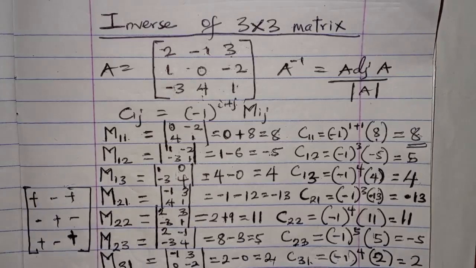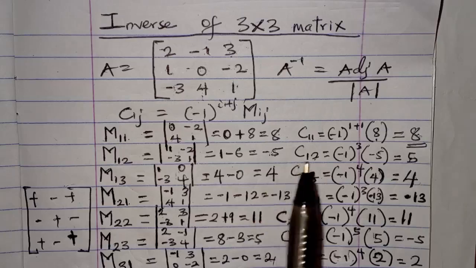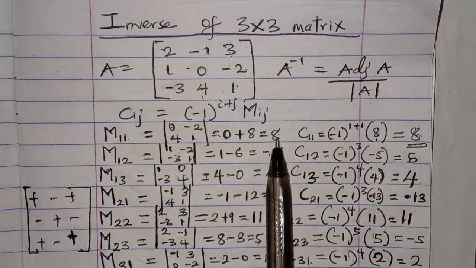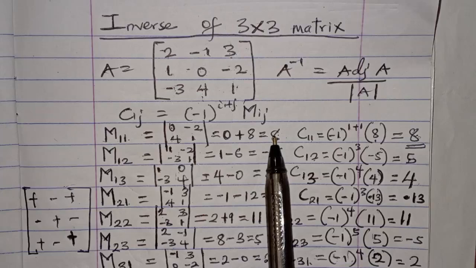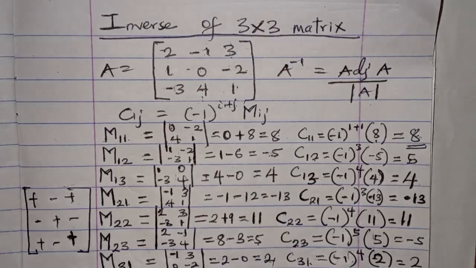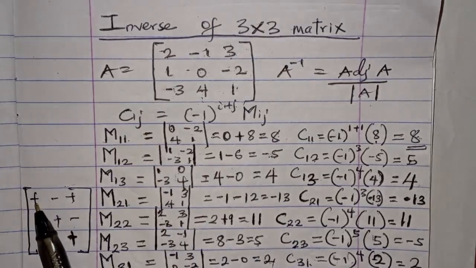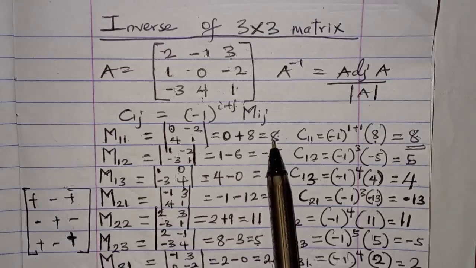So if I know that the minor of an element is 8, for example, I will just multiply the value of the minor by the place sign of the element. 2 is positive, that's the place sign. So multiply plus 1 by 8, that will be 8.